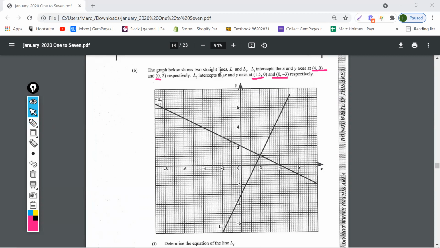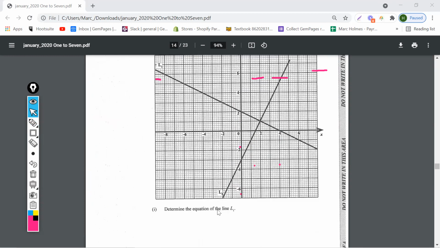L1 intercepts the x and y axis here and here, and L2 intercepts the x-axis here and the y-axis right here. So they give us the points that they intersect at. Let's just put some points here. Those are the points that they give us.